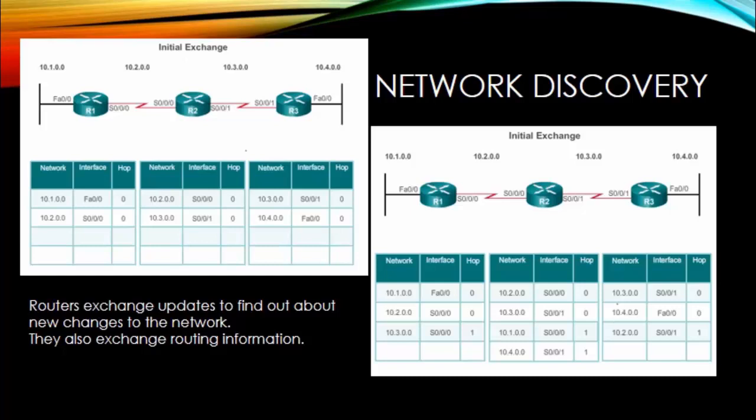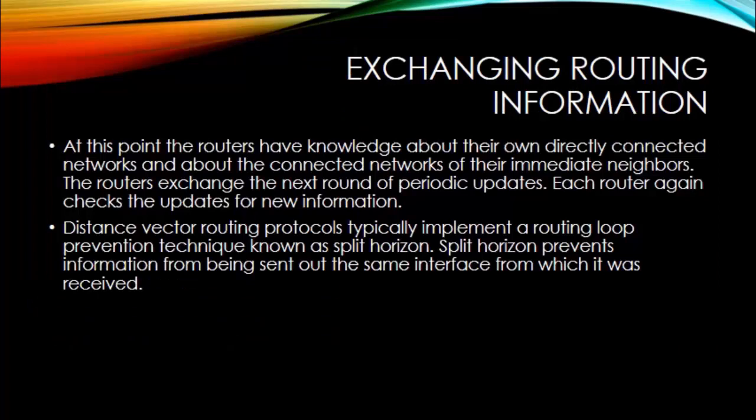Network discovery. Routers exchange updates to find out about new changes to the network. They also exchange routing information. At this point, the routers have knowledge about their own directly connected networks and about the connected networks of their immediate neighbors.